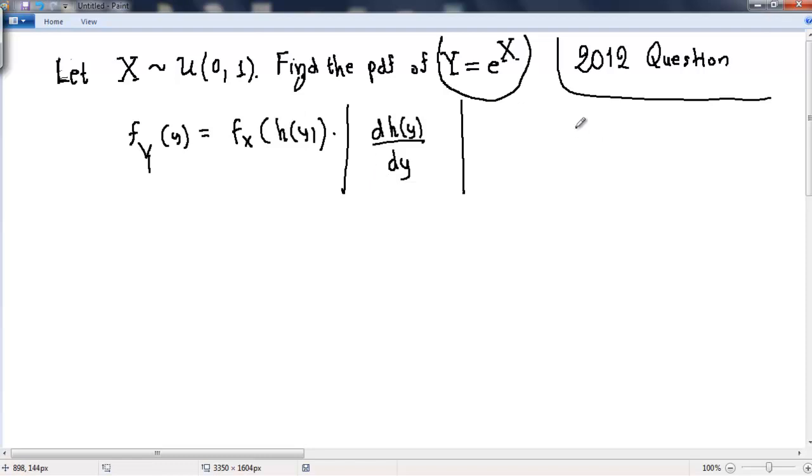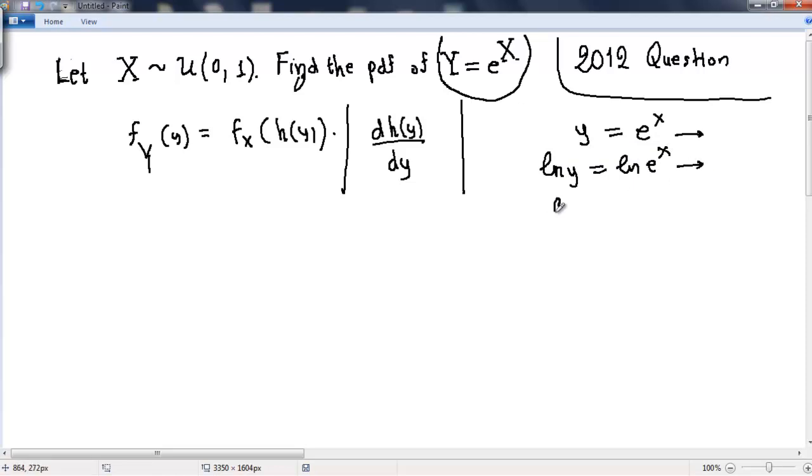You have y equals e to the x. So suppose y is a number and x is a number too. We have to solve this relation for x. If we take logarithms in both members, we have ln of y equals ln of e to the x power.